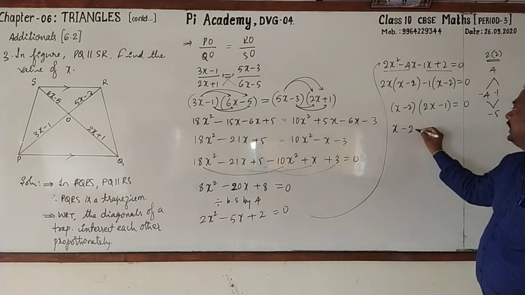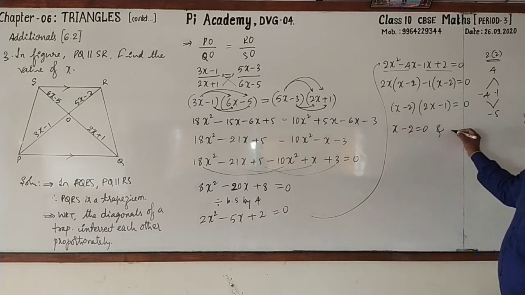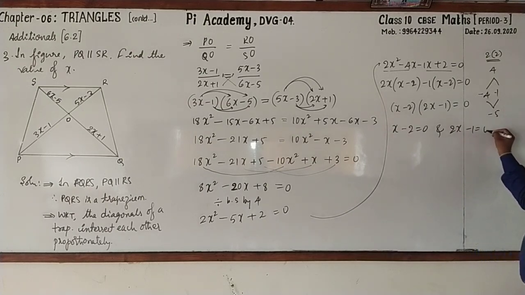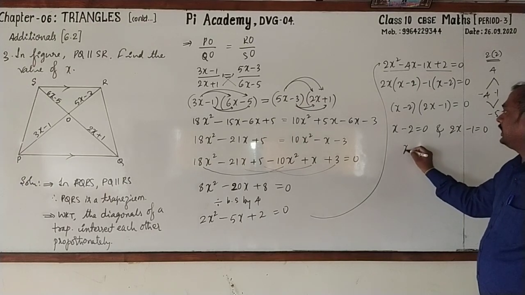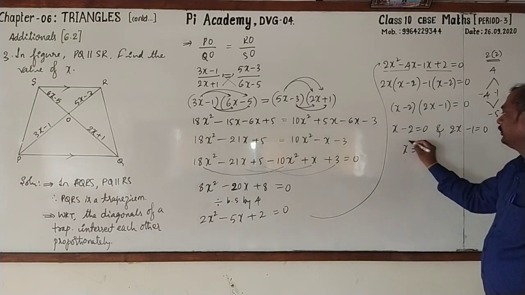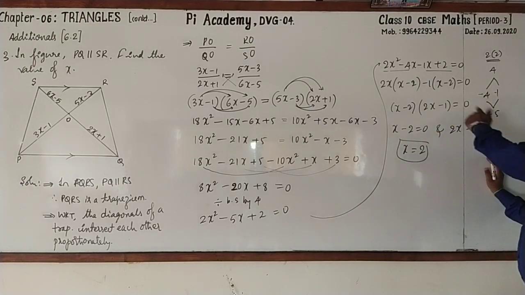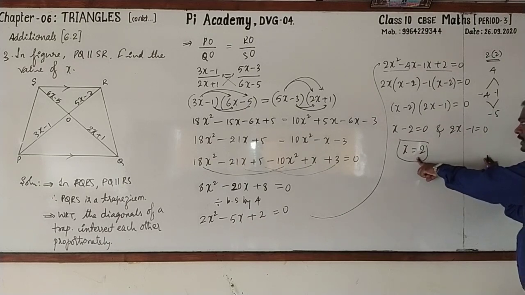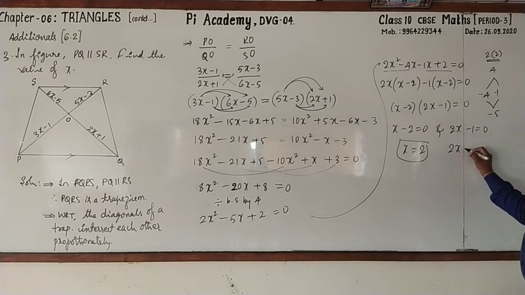Then equate x minus 2 to 0 and 2x minus 1 to 0. Solve: x equal to 2, because on transferring minus 2 to the right hand side it becomes plus 2. Then here 2x is equal to, transfer minus 1 to the right hand side, becomes plus 1. Then x equal to 1 by 2.